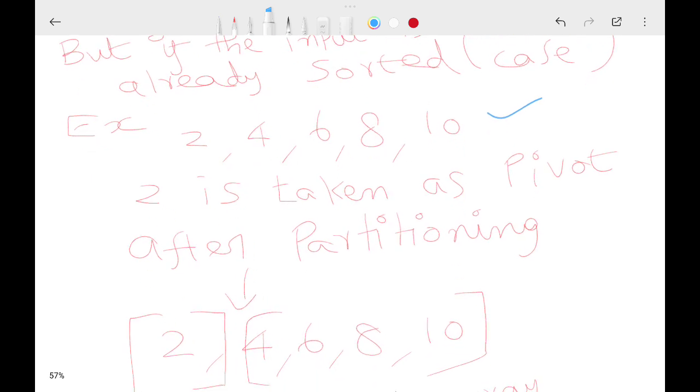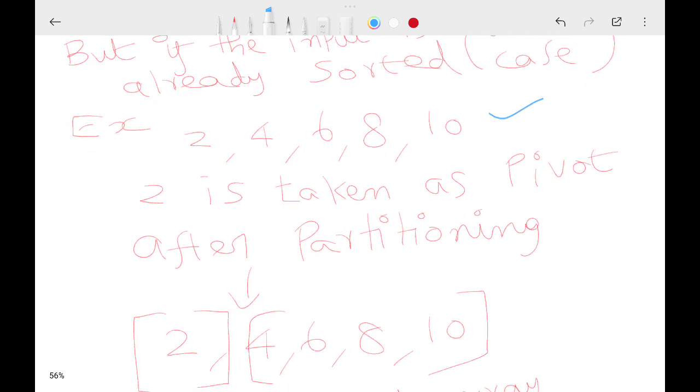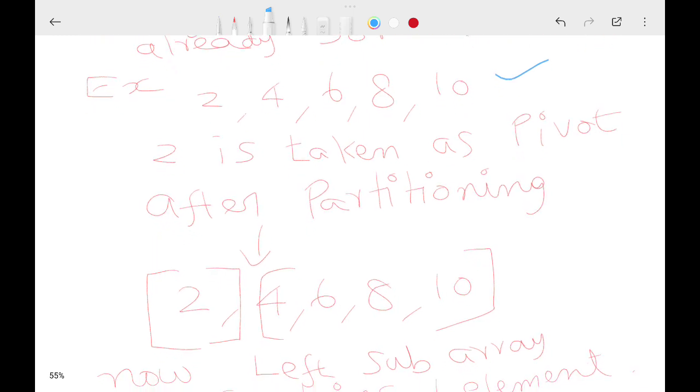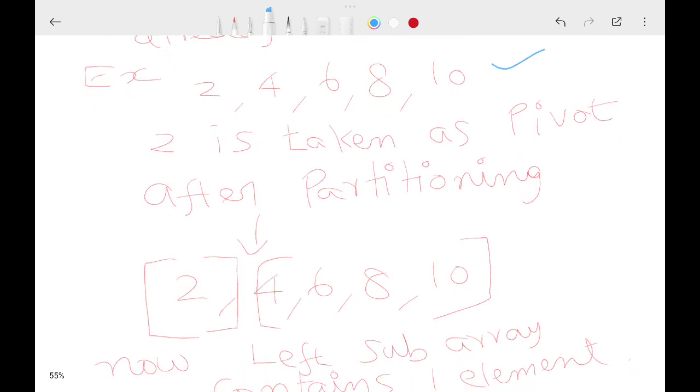After partitioning, which is nothing but finding the exact position of that pivot element, all the elements left of the pivot element are smaller than the pivot element, and all the elements right of the pivot element are greater. Since this is a sorted array, the first element is the smallest element, so the exact position for the first element is first.